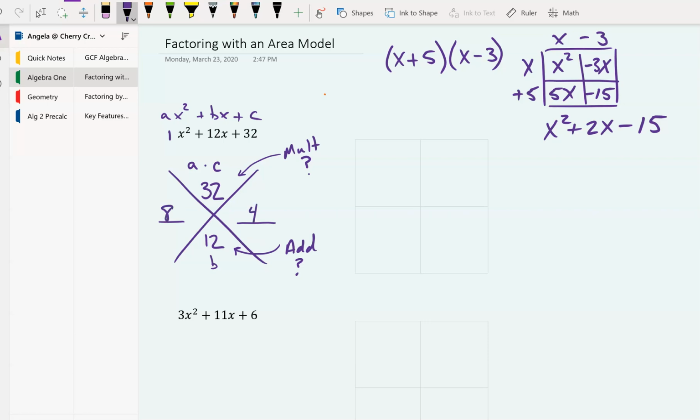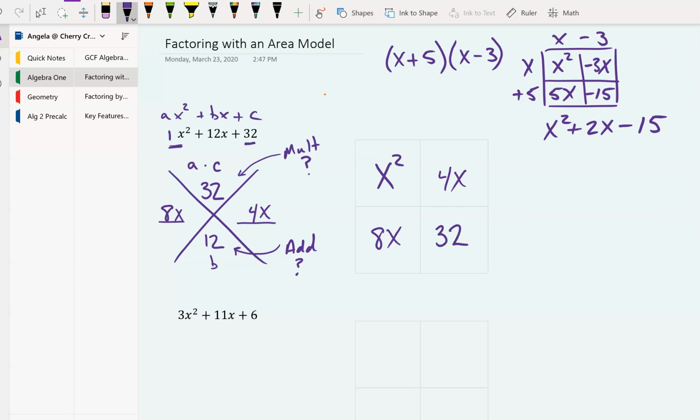Essentially what we're doing here is double checking. 8 times 4 is 32, yes, that works. And then 8 plus 4 is 12, so that works as well. These two values are going to jump into my area model over here as 8x and 4x. I'm going to continue to use my 1x squared, and my 32.